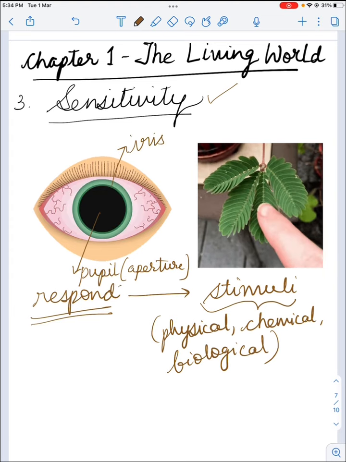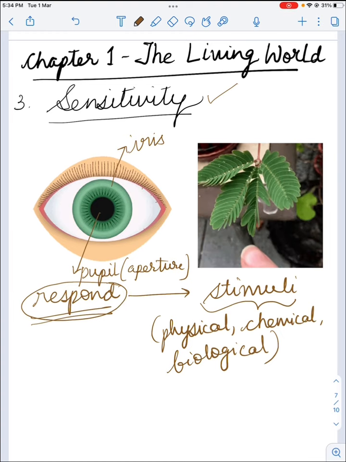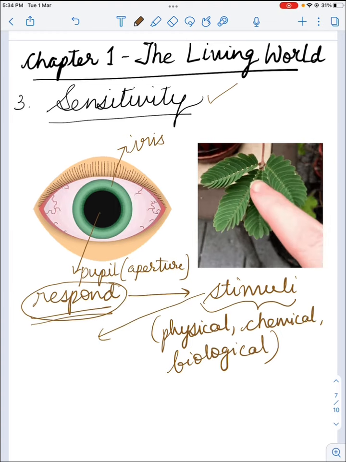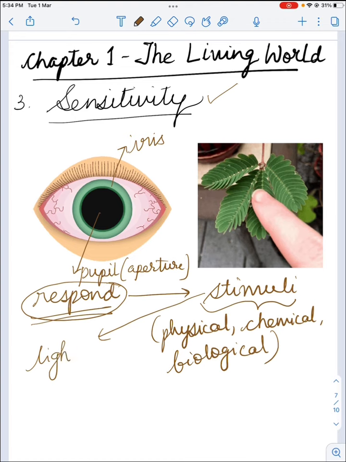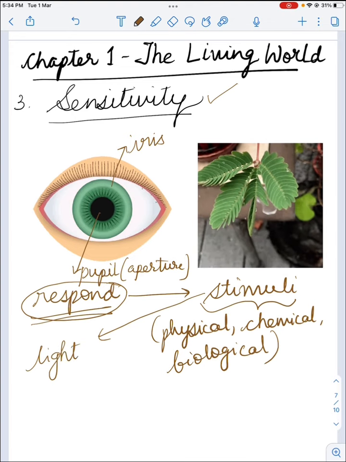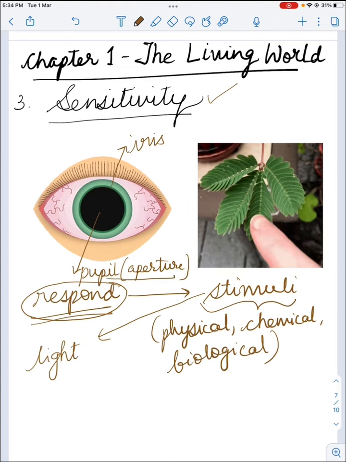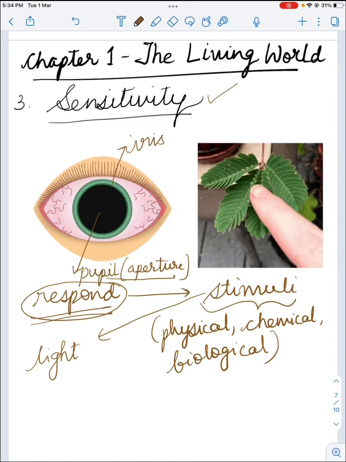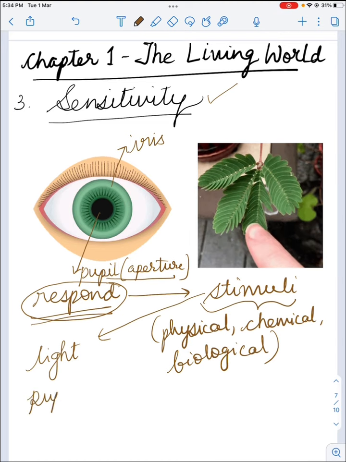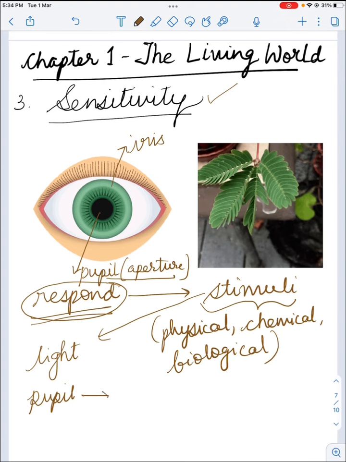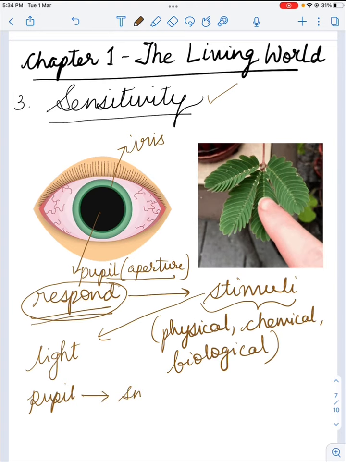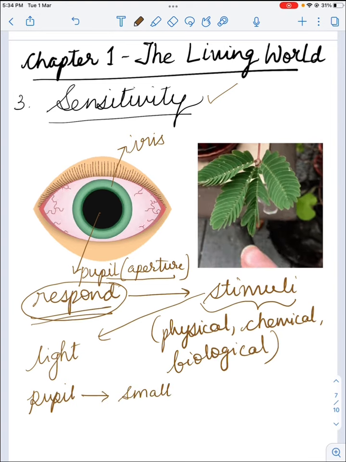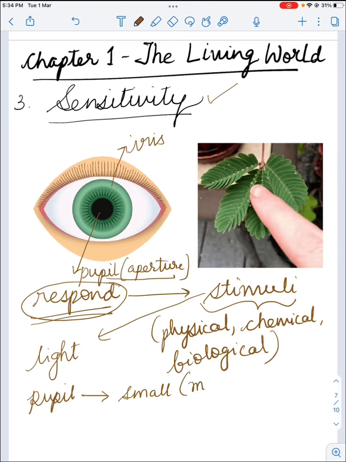Our eyes respond to the environmental stimuli of light by either increasing the size of this aperture or decreasing it. When there is more light, our pupil becomes small to limit the amount of light that is going in.